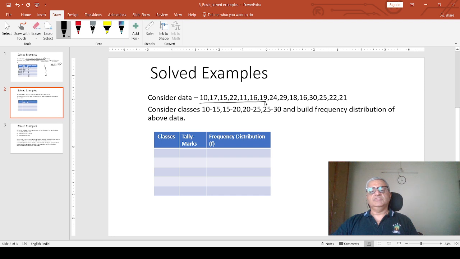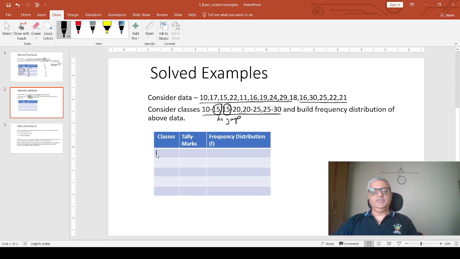Next problem, same data elements, only what is the ask? They have already given us the classes and we are asked to build a frequency distribution. But now you see that this type of class is an exclusive class, right? Because there is no gap, and 15 will be included in this class and not the previous class.